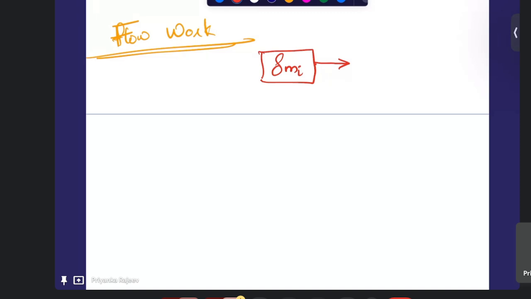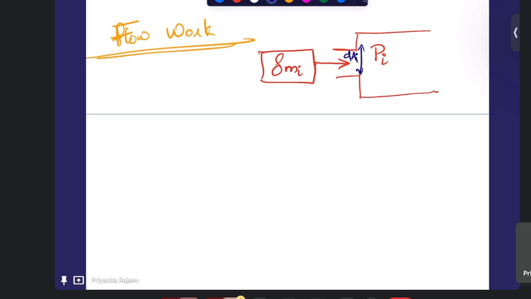That system is already having a pressure Pi at the inlet, and this area is dAi.